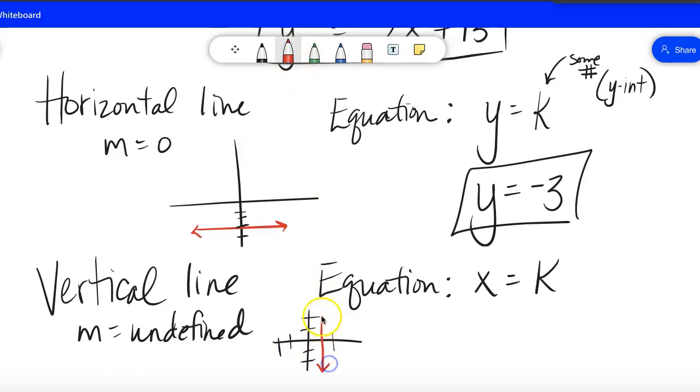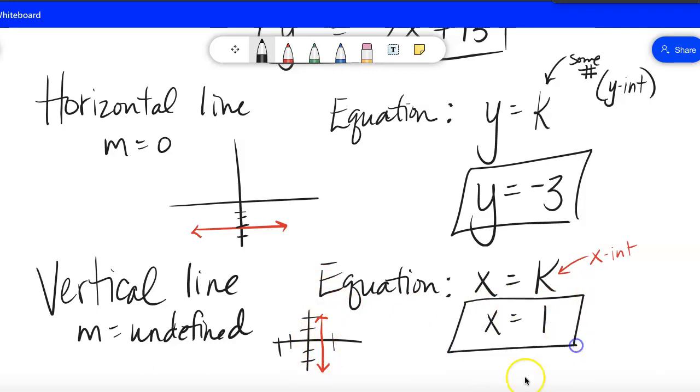All right, so let's say we have this vertical line. Well, this time our k value is the x-intercept, because this vertical line crosses our x-axis, and it crosses it at 1. So the equation of this vertical line is x is equal to 1.